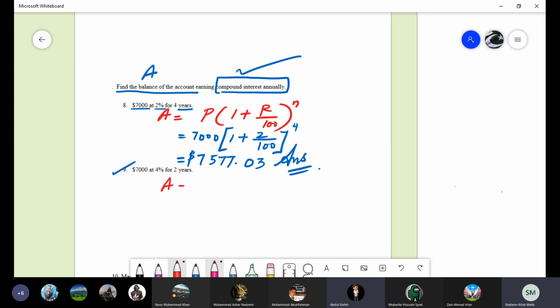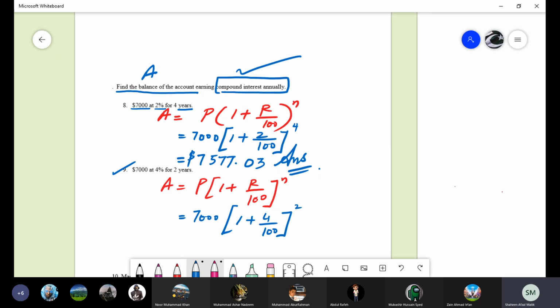A is equal to P into 1 plus R over 100, raised to power n. Okay. Substitute the values. 7,000 multiplied by 1 plus 4 over 100 raised to power 2. Okay, calculate it.